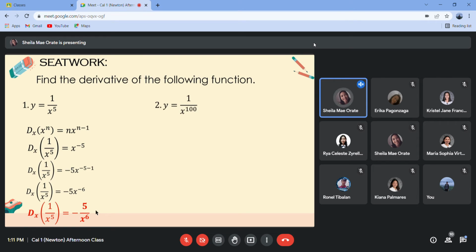Okay. So, how about this one? So, we have here 1 over x raised to the power of 100. Okay. What do you think is the derivative of our function here?